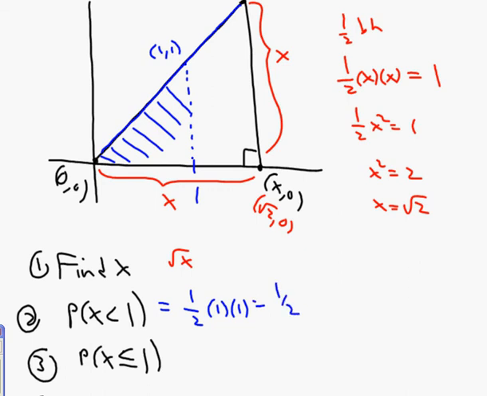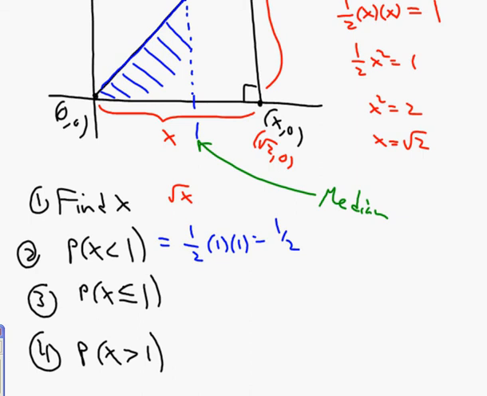Okay, that's sort of interesting. What do we know about x equals 1 then? It has a very special meaning in this distribution. Correct. This is actually the median. We know that because the area to the left of 1 is 1/2, and that means the area above it is 1/2. Now, this question number 3 is sort of a trick question.